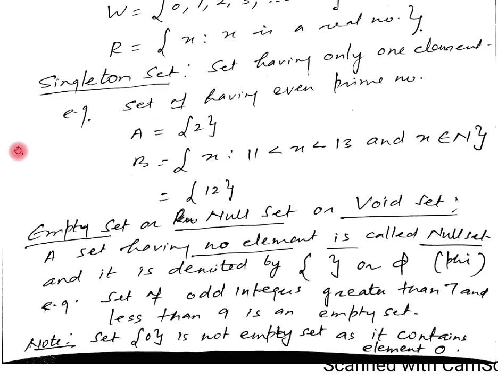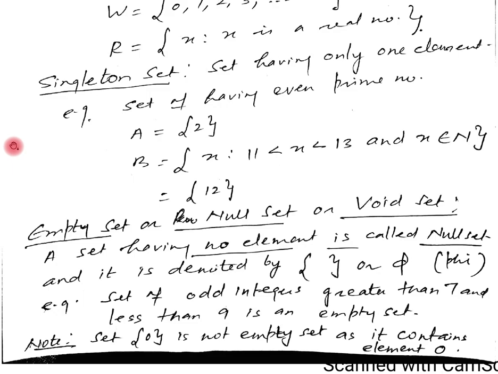Today we have studied first what is the meaning of a set. A set is a well-defined collection of objects. Then I have shown how to represent a set. A set can be denoted by any capital alphabet, and generally the elements in the set are shown by small alphabets. There are two types of representation: the tabular form or roster form, and the rule method or set builder form.